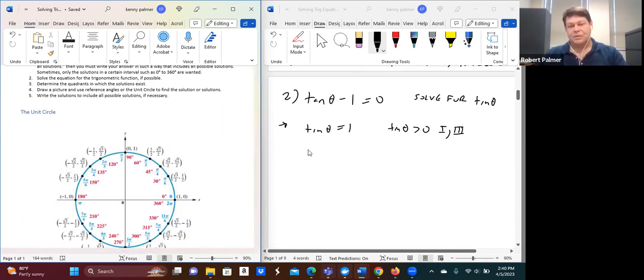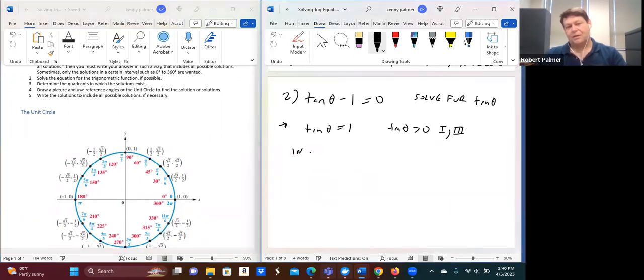We do this the same way. First let's draw a picture to help us with this. These are related. So right here, I'll start with degrees. 45 degrees. Then down here, we have 225 degrees.